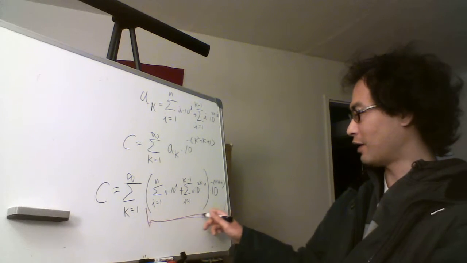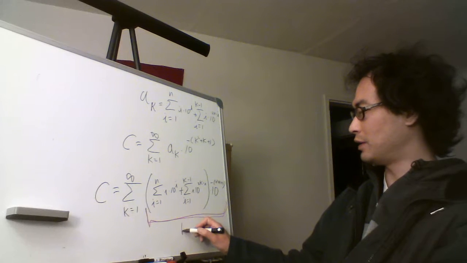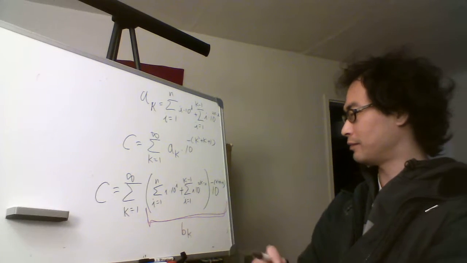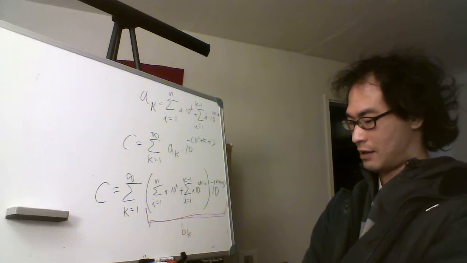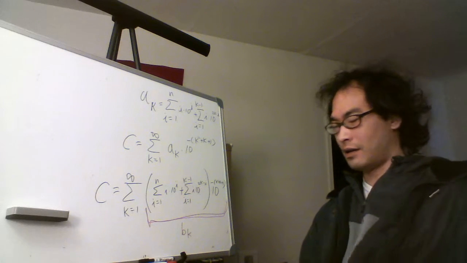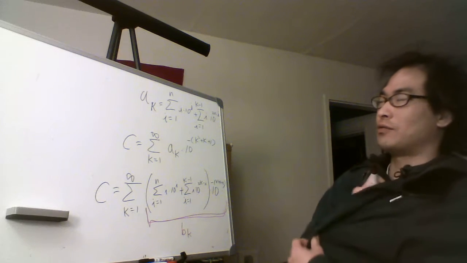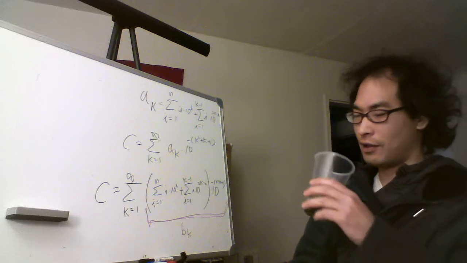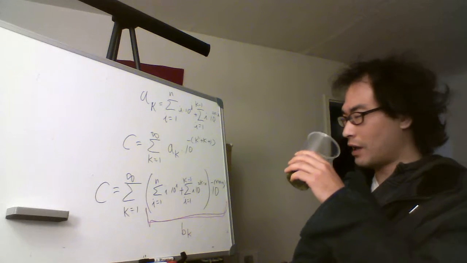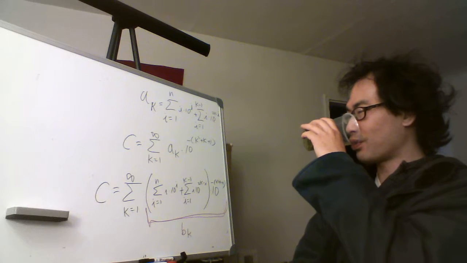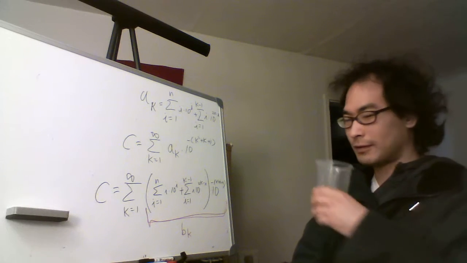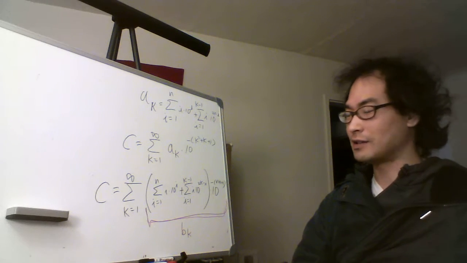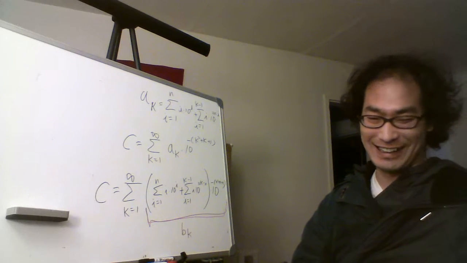This is b to the kth. For the ratio test we have to take b to the k plus 1 over b to the kth, and we have to prove that that's less than 1. Then we are done.